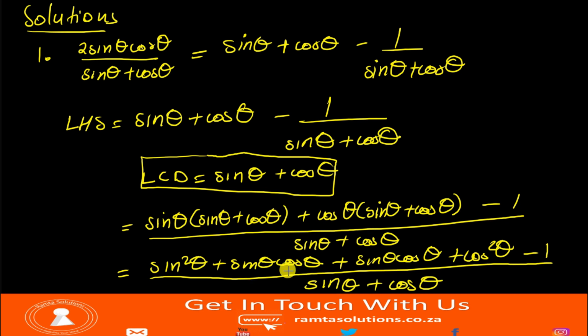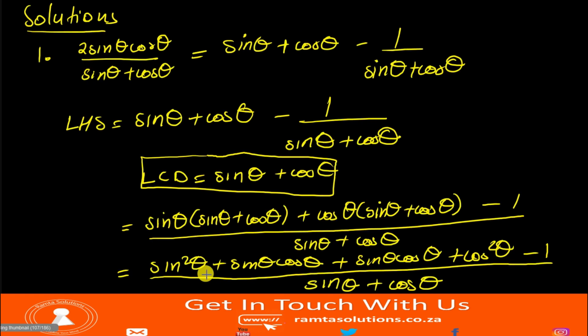So, first and first, sine theta cos theta, we have 2 of them. Our answer will be 2 sine theta cos theta plus 1 minus 1. Remember, this plus 1 comes from sine square theta plus cos square theta.